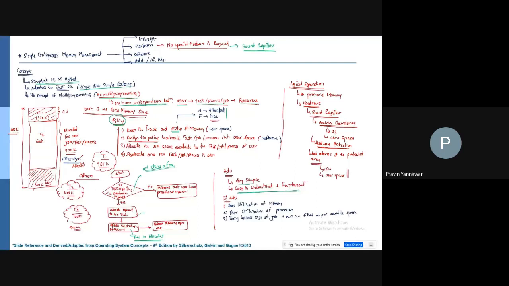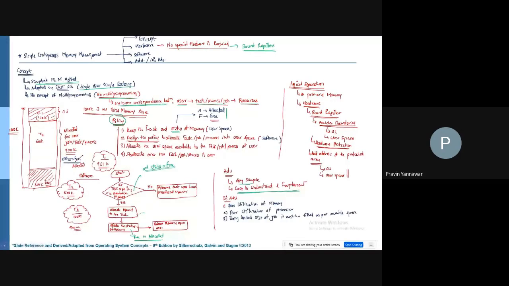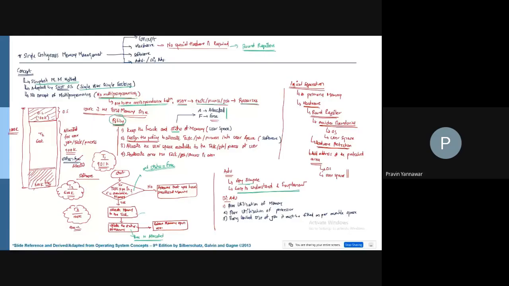It decides the boundaries between the space allocated for the operating system and the space reserved for the user address space. The bound register is specifically for hardware protection, and it holds the address of the protected area, of the operating system as well as user space.